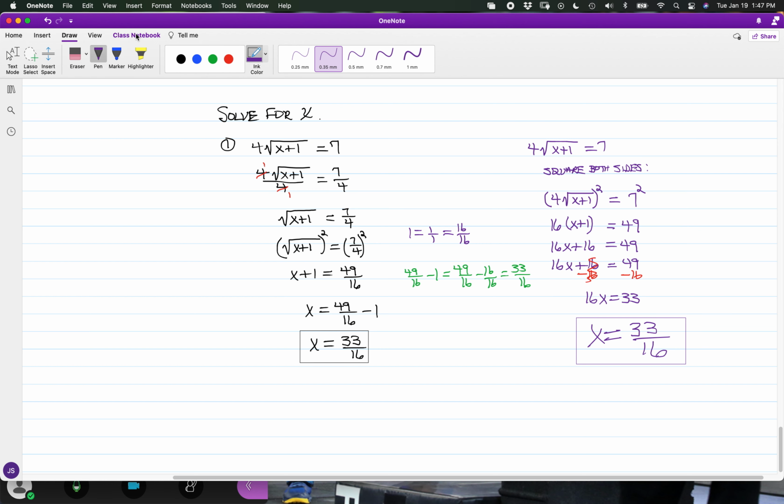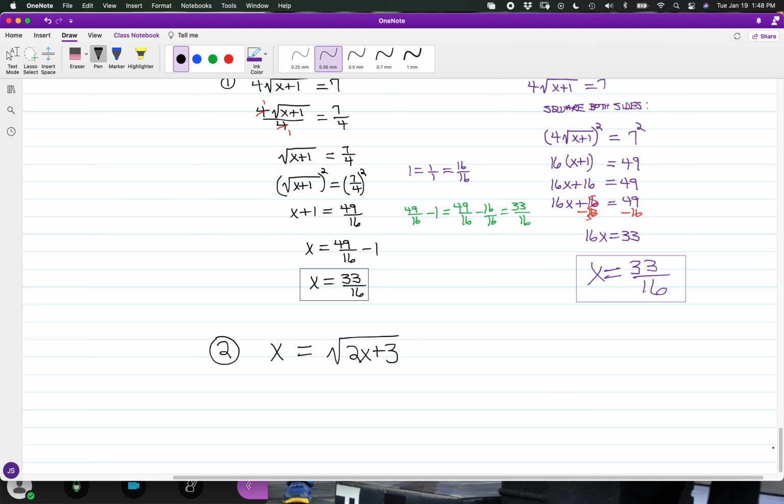And this is where we have a numerical coefficient in front of the radical. And let me give you another example. Let's say if you have a couple of x terms, one inside the radical as well as one that is outside. Now this is going to be a case where you have apparent solutions that may or may not check out.